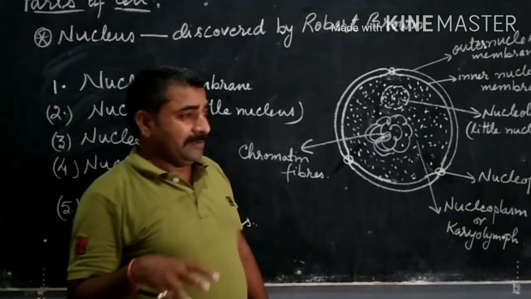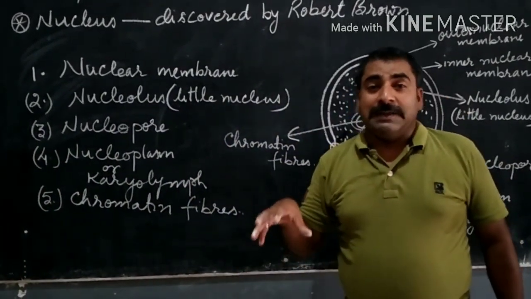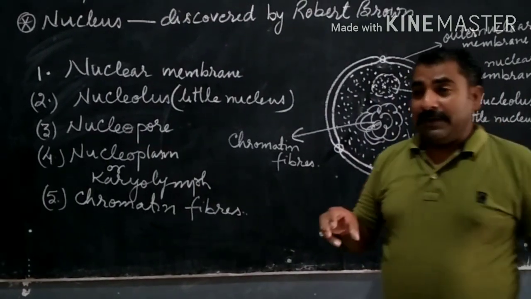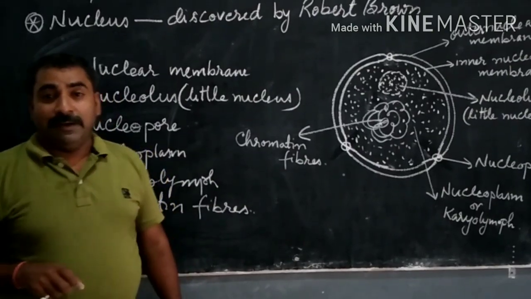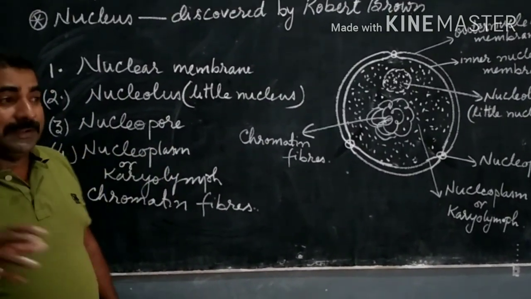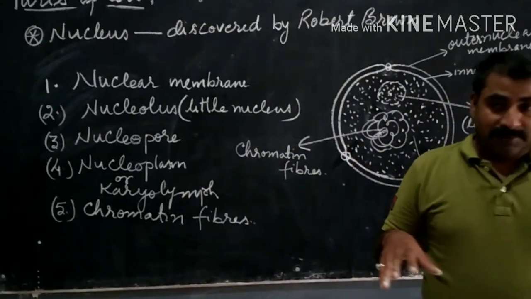Generally, nucleolus' main function is to synthesize ribose sugar, and ribose sugar is a major component of our nucleic acid, that is RNA and DNA.